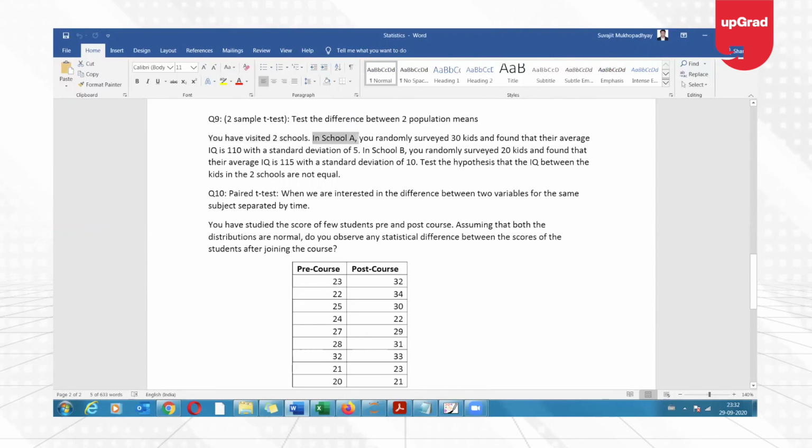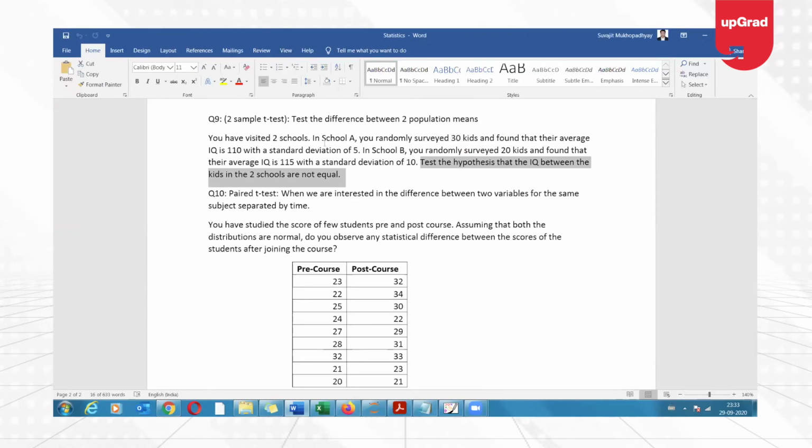In school A, we randomly surveyed around 30 kids and found that their average IQ is 110 with a standard deviation of 5. In school B, we randomly surveyed 20 kids and found that their average IQ is 115 with a standard deviation of 10. So now we can test the hypothesis that the IQ between the kids in the two schools are not equal.